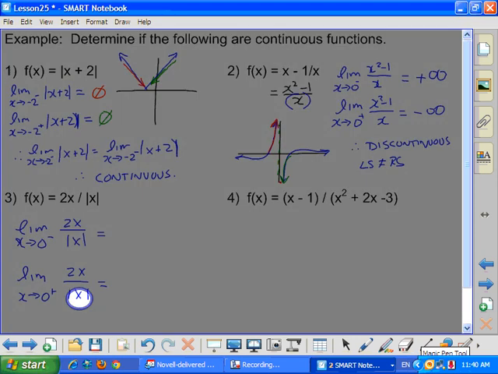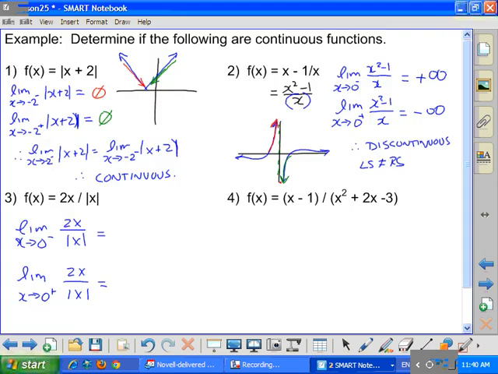If x is 0, that's where the problem arises. So what we can do is pick a number close to 0 on the negative side. So let's pick negative 0.1.